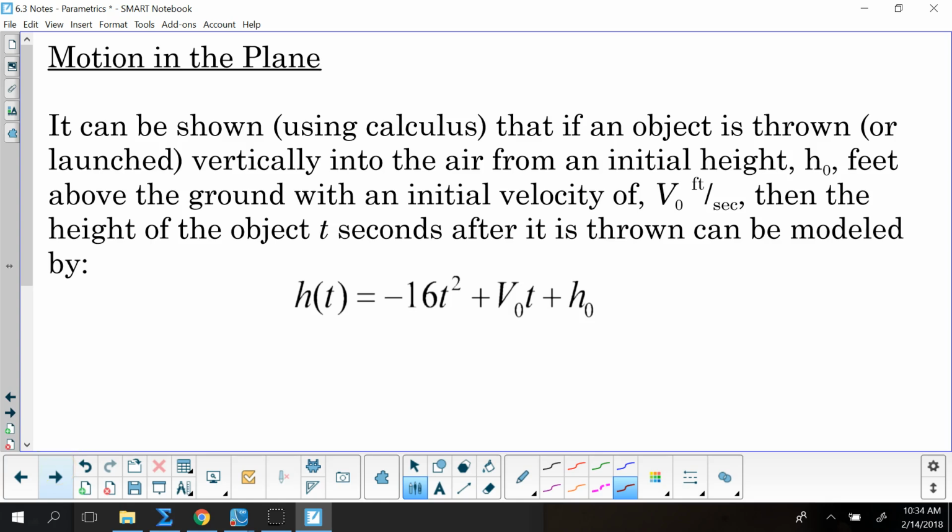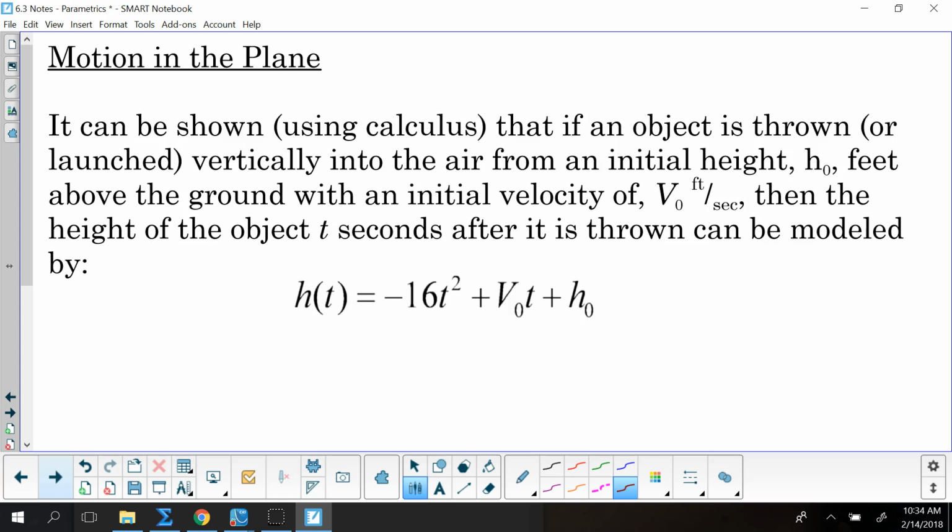So, now, let's talk our second style of motion in a plane, and that is we're going to take an object and we're going to throw it vertically in the air. Okay? So what's going to happen, provided there's no wind, no other factors, we're throwing it in a vacuum, okay? The only factor that we have is gravity, okay?